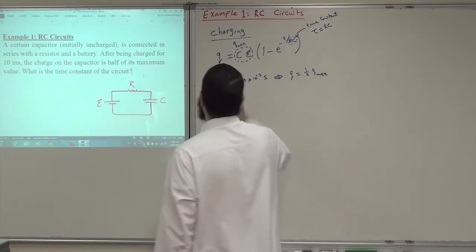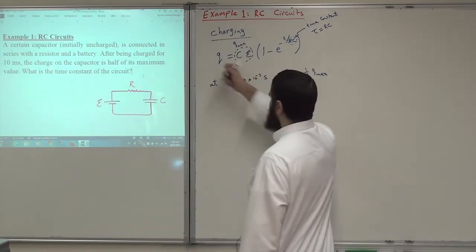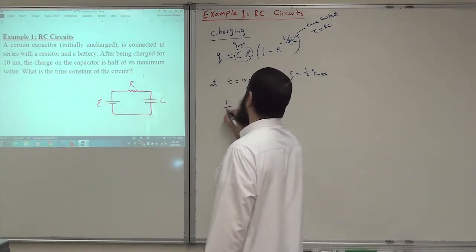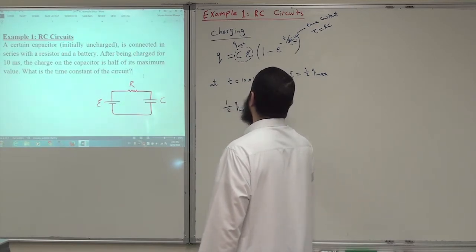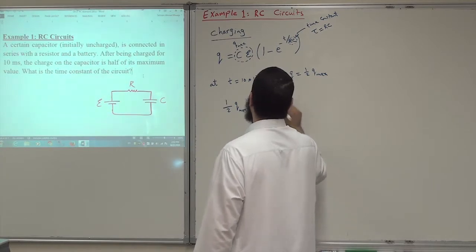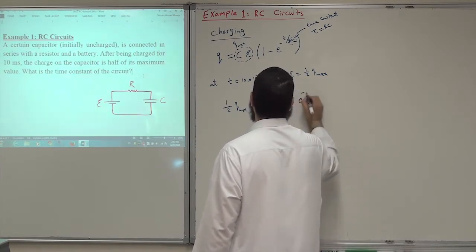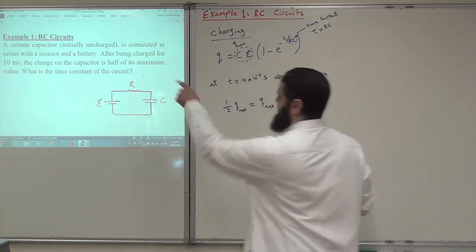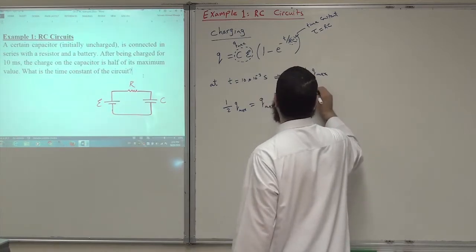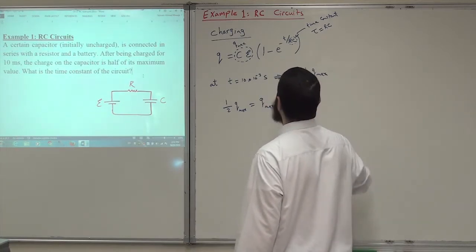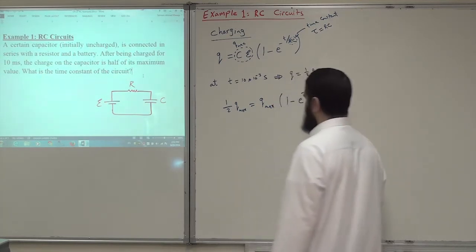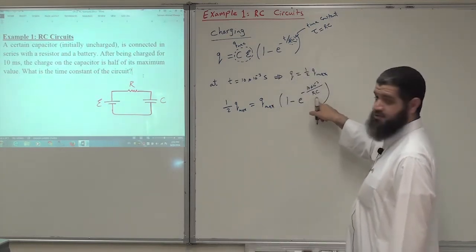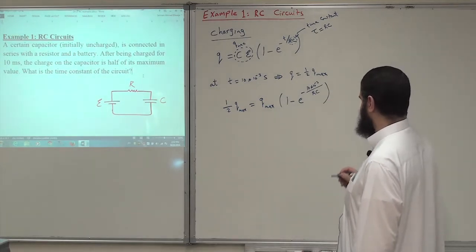So we'll plug this information in this formula. We have half Q max equals Q max multiplied by 1 minus e to the minus t, where t is given, 10 times 10 to the minus 3, divided by RC. We are done. Now we can solve for RC.